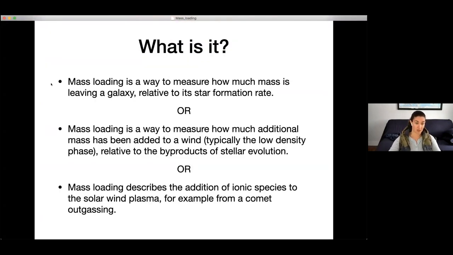Okay, so what is mass loading? Going from terminology that you might be more familiar with to terminology that perhaps you're less familiar with. Most commonly in our field, I think mass loading is defined as a way to measure how much mass is leaving a galaxy relative to its star formation rate. That's the most common definition I think that you'll see.